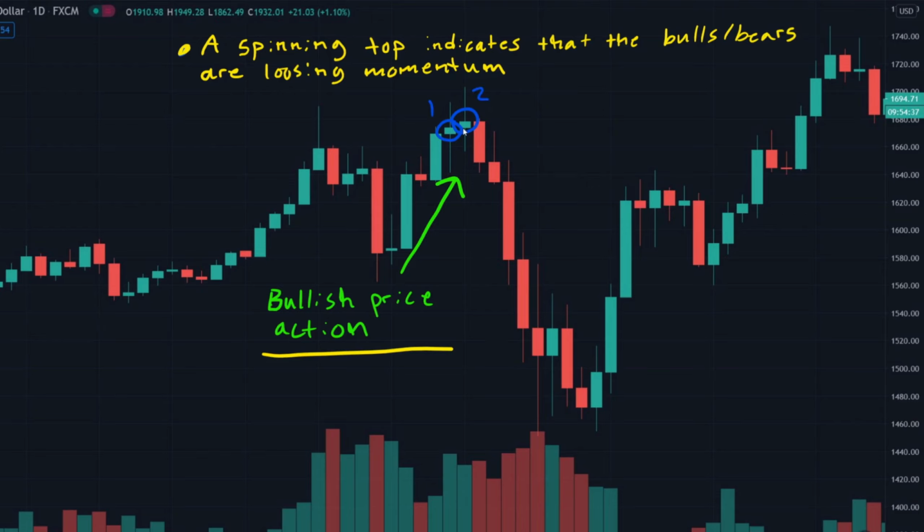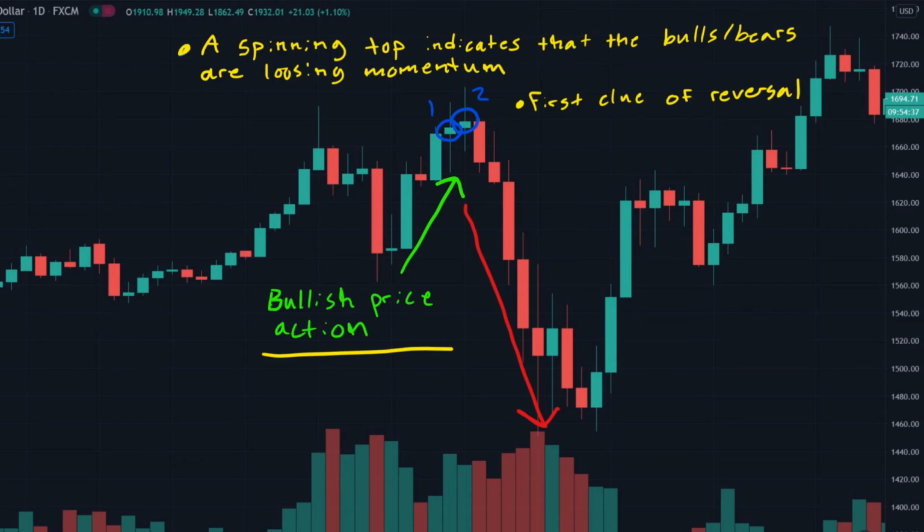We had two spinning tops, and then after that we actually saw a huge drop here. And it's actually true that spinning tops might be a first clue that the price action will reverse. So we can write, it might be a first clue of a reversal, but you should never trade for a reversal only by seeing a spinning top. You always want confirmation that we are seeing a reversal before you take action.